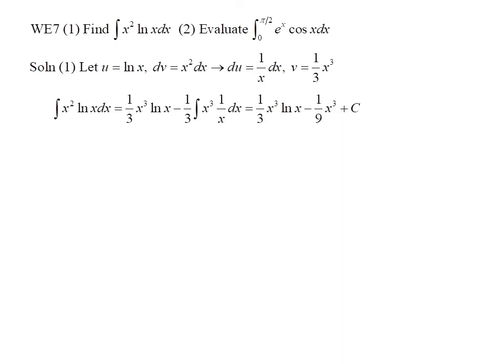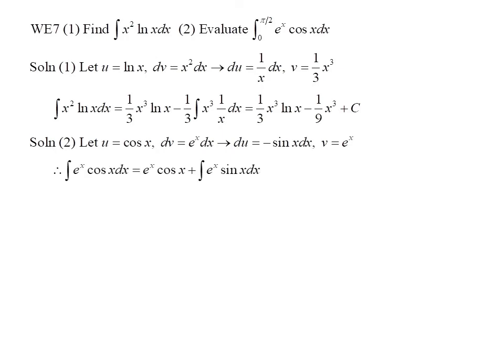As for the second antiderivative, we let u equal cos x and dv equal e^x dx. That leads to du equals negative sin x dx and v equals e^x. Hence, the integral of e^x cos x dx is written as e^x cos x plus the integral of e^x sin x dx.